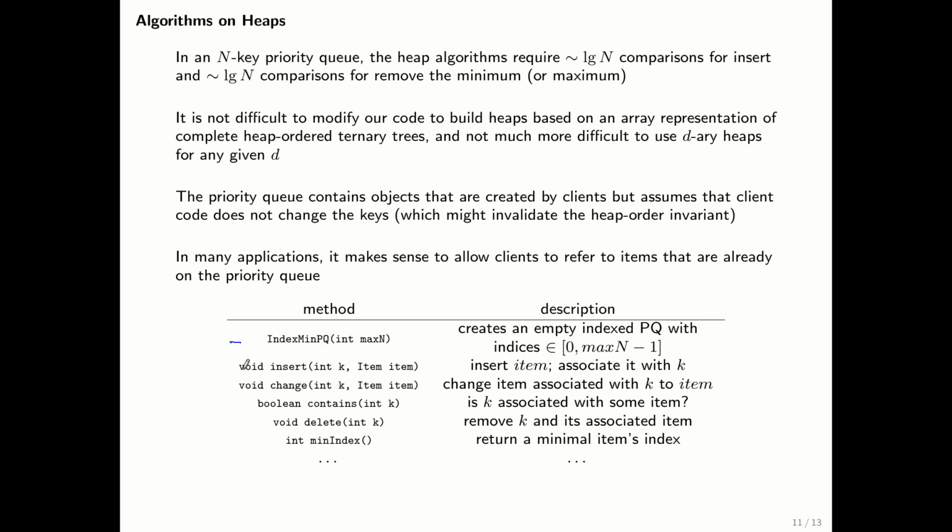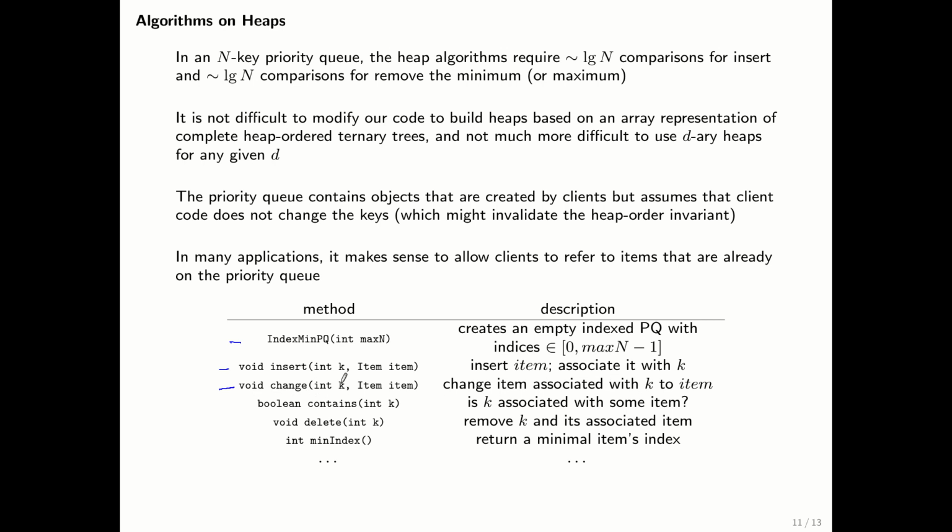Once you have an indexed min-pq object, you can insert an item into it using this method. That simply inserts the item and associates it with the key k. So we can refer to this item now using this particular index k.